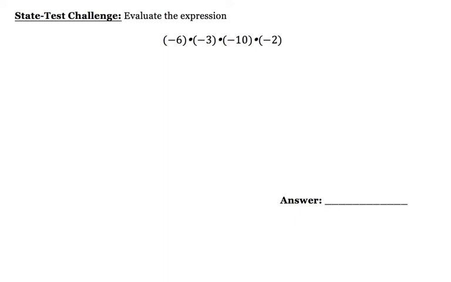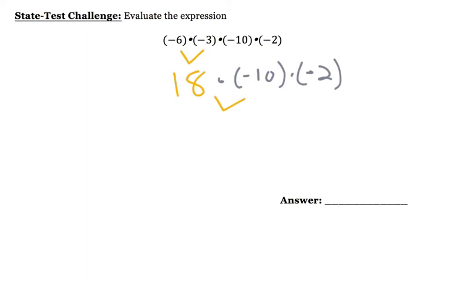All right, so we have negative 6 times negative 3. Since those have the same sign, they're both negative, I know that that's going to make a positive, positive 18. I'm going to bring down everything else. Then I have 18 times negative 10.